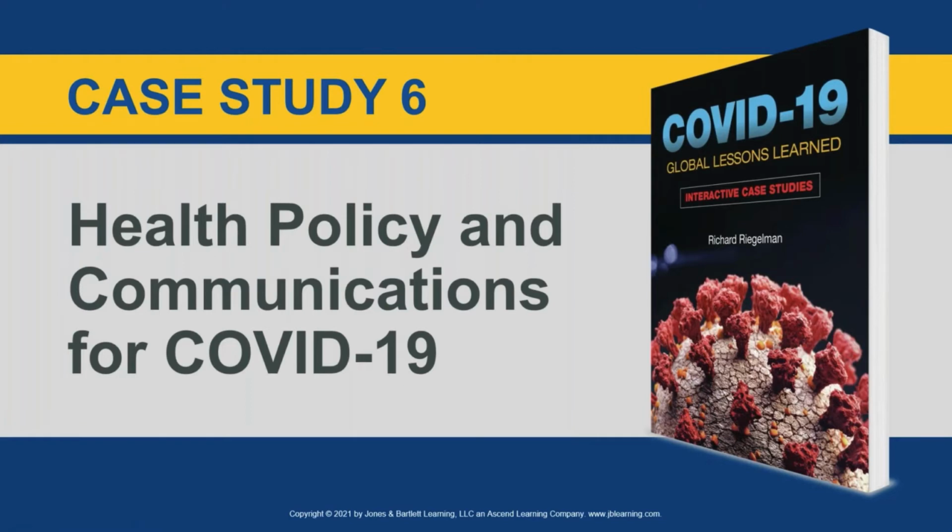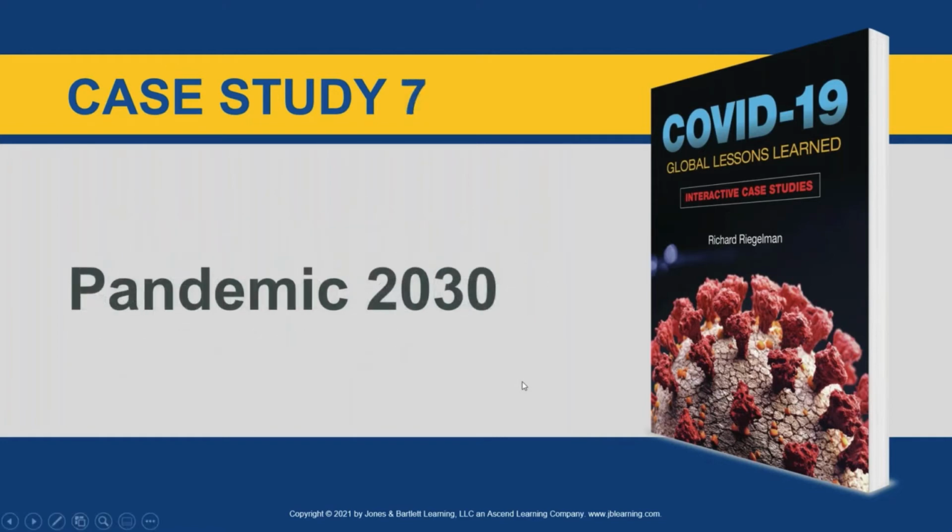So those 6 studies are designed to give students both the initial what they need to know and how it was applied. For the fall semester, you'll see a 7th case study, and that's coming up on the next slide, Pandemic 2030, and it looks at what might happen the next time we face a major pandemic, the potential for and what we learned from this pandemic, and sometimes what we did wrong in this pandemic.